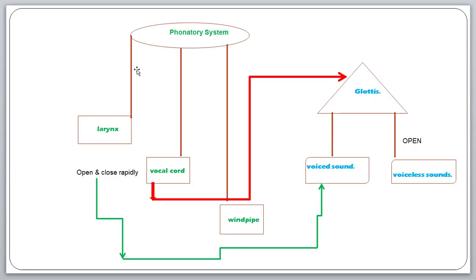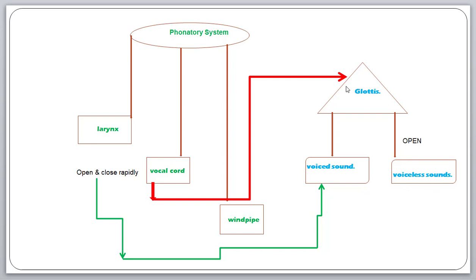Now look at this system, the phonatory system. Larynx, vocal cord, windpipe. Through the windpipe, the air gets to the vocal cord, and the vocal cord is on top of the larynx. Now when the vocal cord is open, we get voiceless sounds.